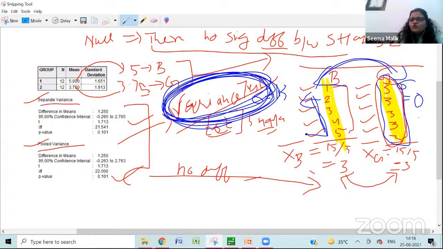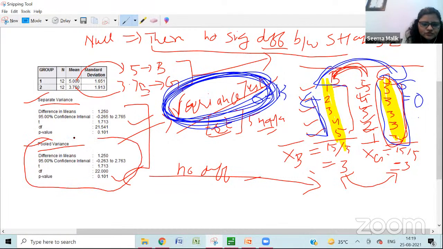If both are same in terms of variability, like suppose girls also have the same variations like 4, 5, 4, 3, 2, 1. The girls are having these marks 5, 4, 3, 2, 1. It means both are having the same variation. In case of same variations, we can use this analysis.